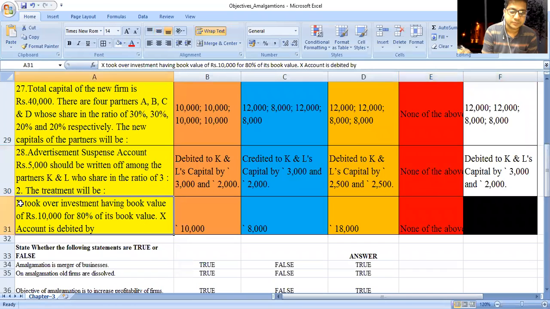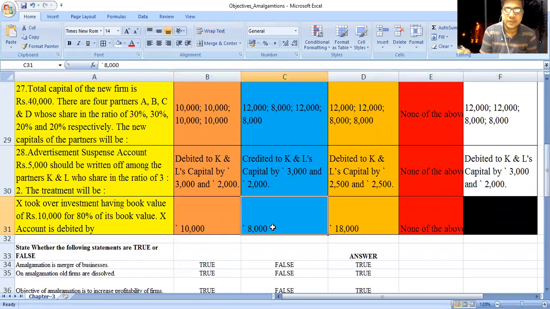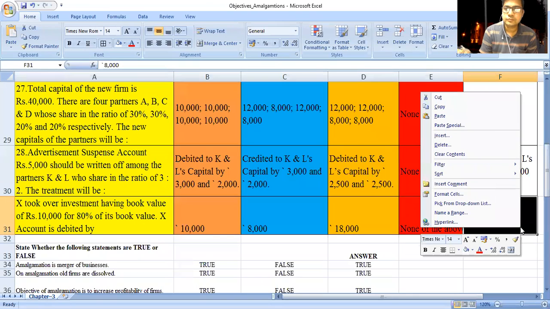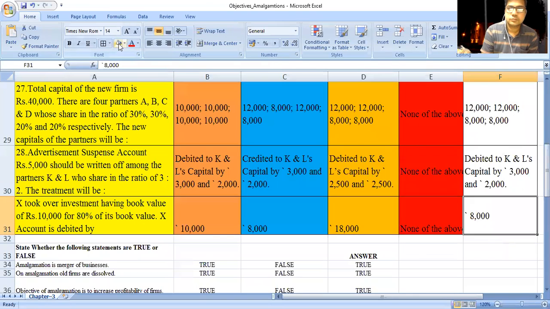I will explain. X took over the investment having a book value of rupees 10,000 for 80% of the book value. X is debited by: 10,000, 8,000, 18,000, none of the above. Answer is 8,000.